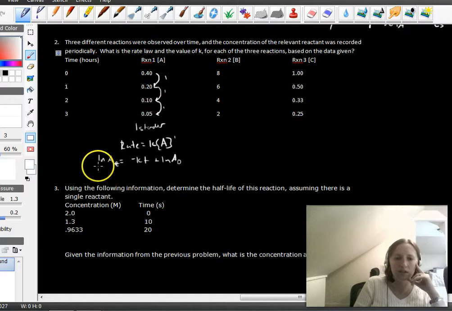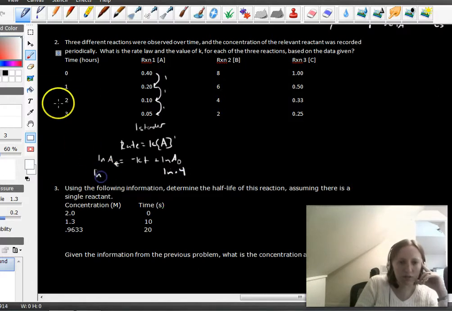So A at 0 is ln of 0.4, and this is ln of, let's do this one. So that's ln of 0.2 equals negative k times 1.